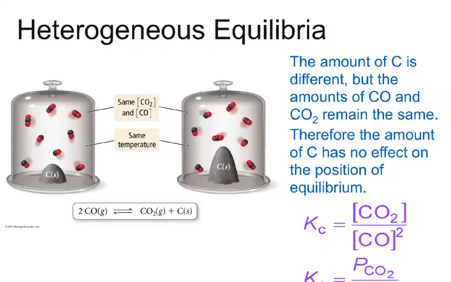Okay, what happens when we have more than one phase? We talked about this rule that we don't use the phase that's different from everything else, but this will show kind of why.